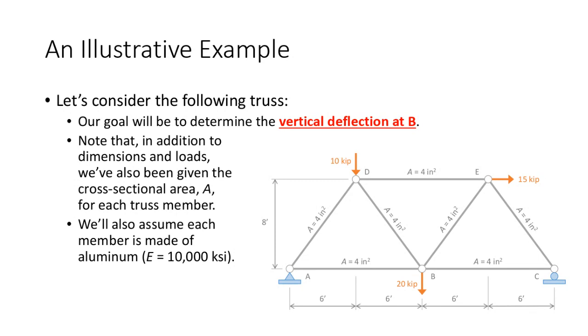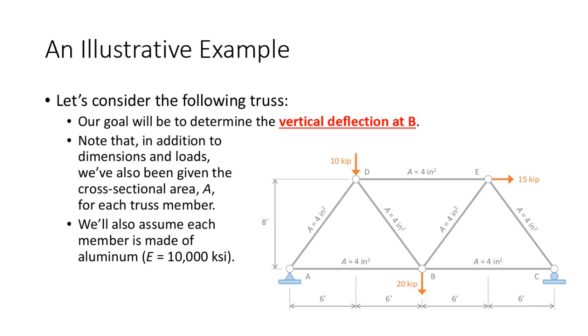Point 2 is that whenever you do a truss analysis for deflection, you need more information. When we did this problem in the past, all we were given was where the joints were, where the members were, and the dimensions of the truss. Now look at it.